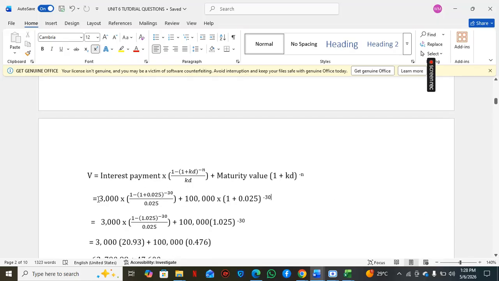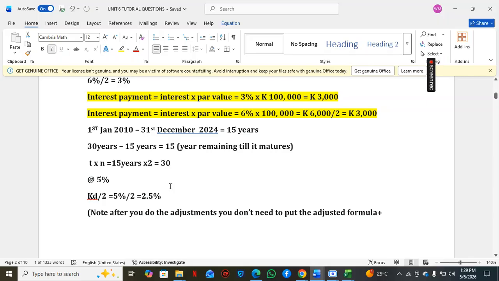So the interest payment, 3,000. Required rate of return, this KD just represents cost of debt. Cost of debt just means this is the required rate of return to the provider of the debt. So we're using 2.5%, which is 0.025. The number of periods, remember we multiplied 15 by 2, which gives us 30.